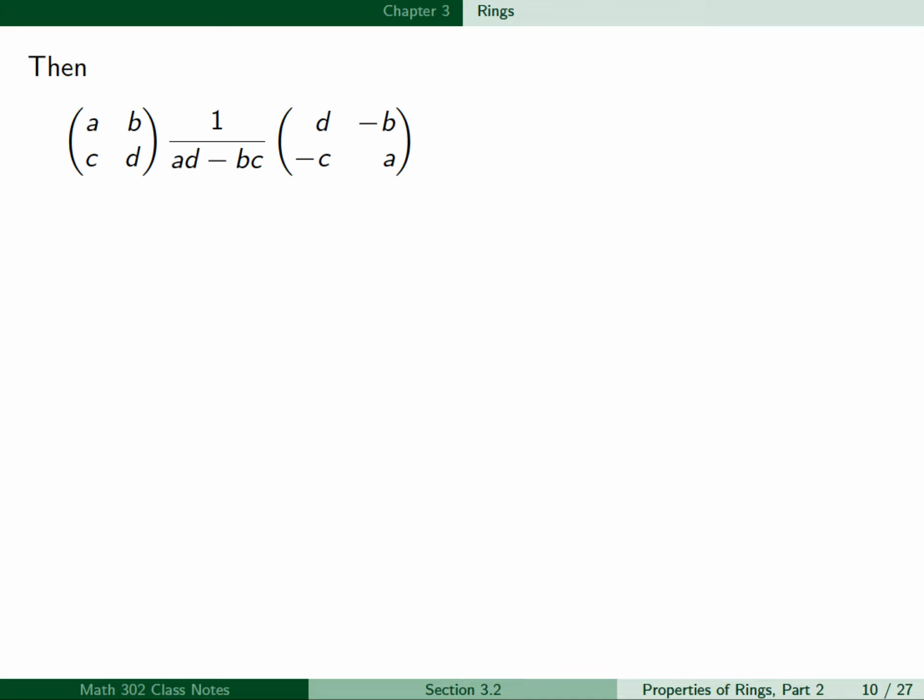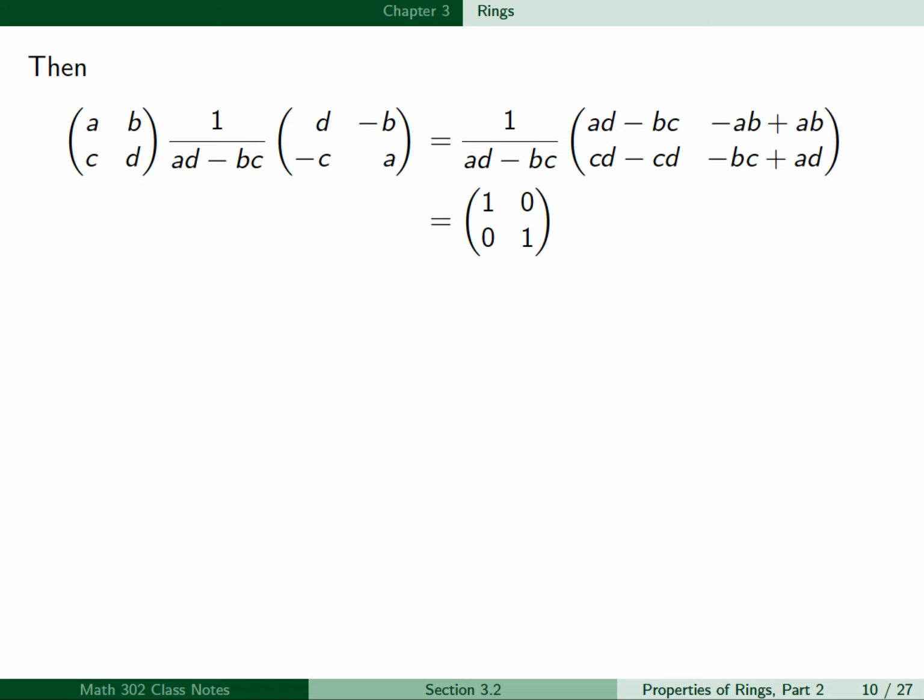Then if we take the product of the matrix A times our proposed inverse, the 1 over ad minus bc can just be left out in front of the matrix, and then the entries after we multiply our two matrices together are as shown. And this will be the identity matrix.